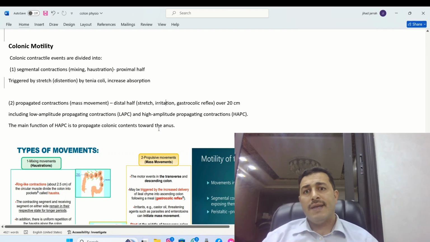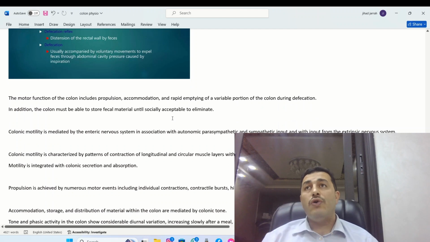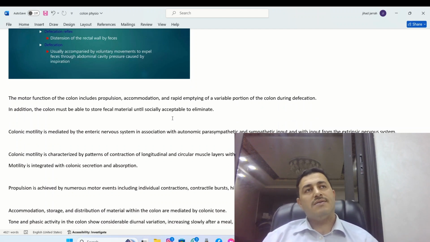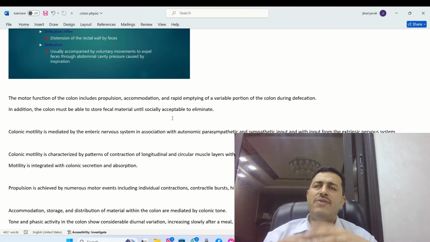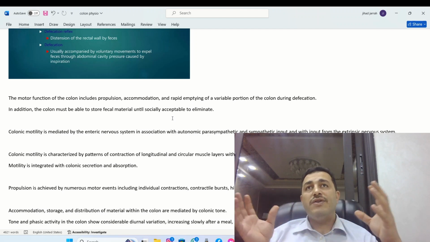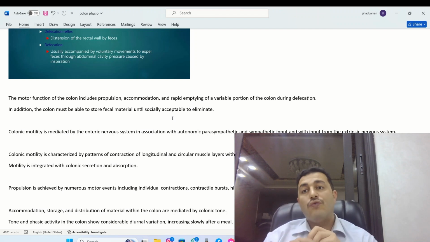What else can we add? Before defecation it also increases. We have a concept called the colonic tone. The colonic tone is due to actin and myosin interaction. Also, it is under neurological control, and the tone may increase or decrease depending on many factors, among them the composition of the colonic content.